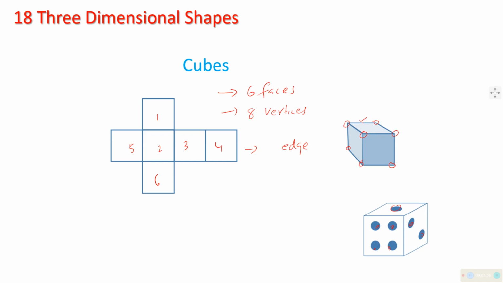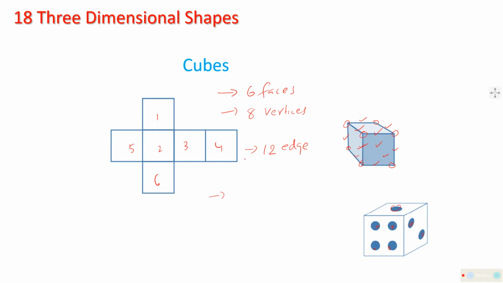So if you count that, 1, 2, 3, 4, the same way bottom 5, 6, 7, 8, of these 2 are invisible. Then there are vertical edges 1, 2, 3 and 4. So there are 12.